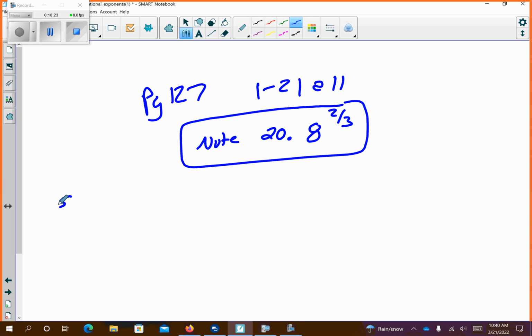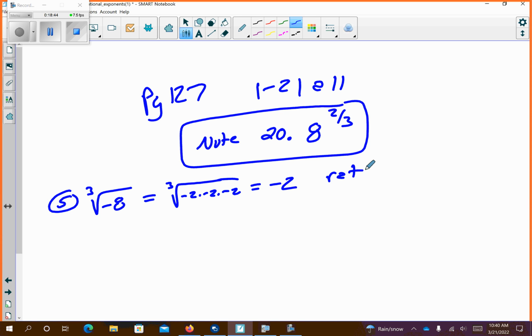So what I had just said, number 5, third root of -8, you have to realize this is the same thing as saying -2 times -2 times -2. -2 times -2 is 4 times -2 is -8. So the third root of -8 is actually -2, and that is a rational number. So that's kind of a little goof up. The backside, page 128, is blank, so you don't have to worry about doing that.